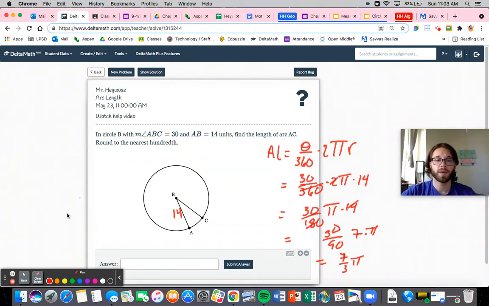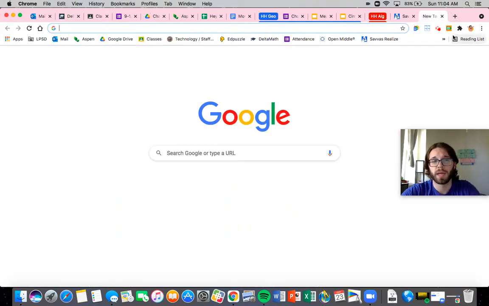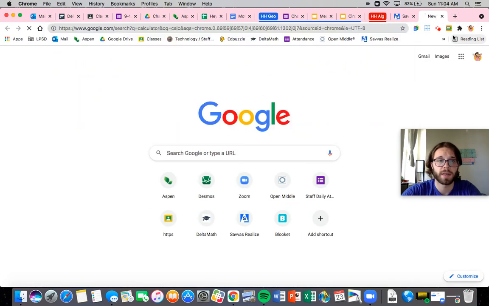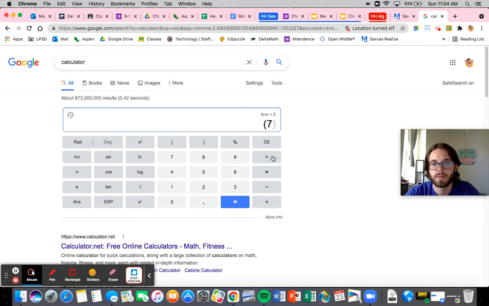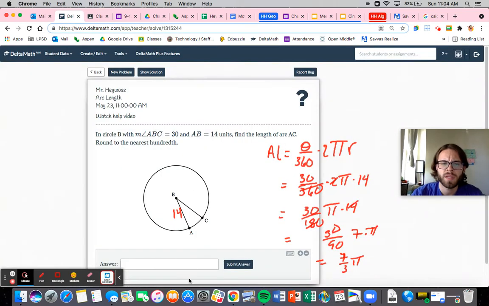So at this point, you're going to plug it in. I just want to show you how you would make sure to plug it in. If you go to your calculator, you plug in 7 divided by 3, times pi. So it should be 7.33, to the hundredth.